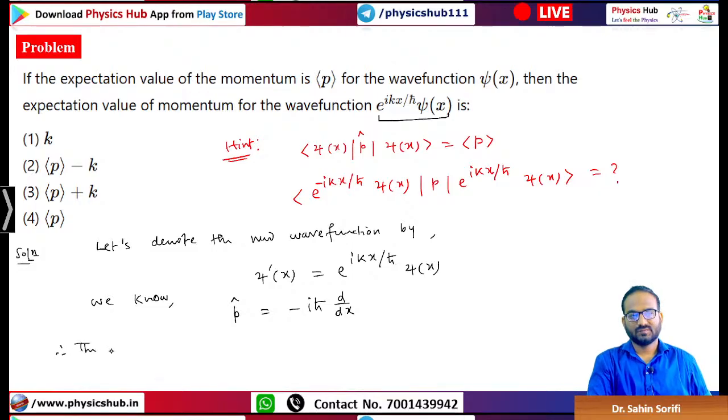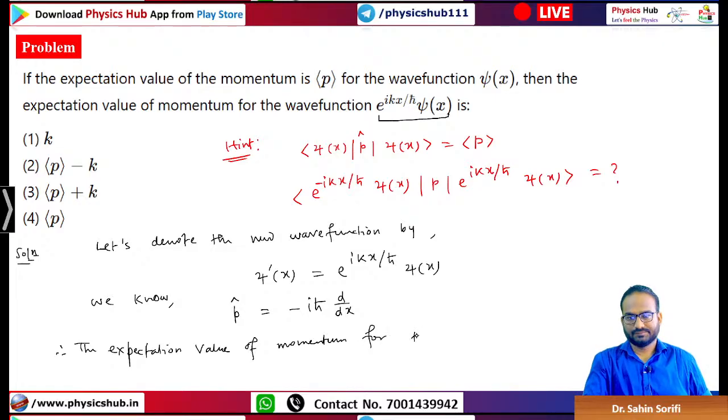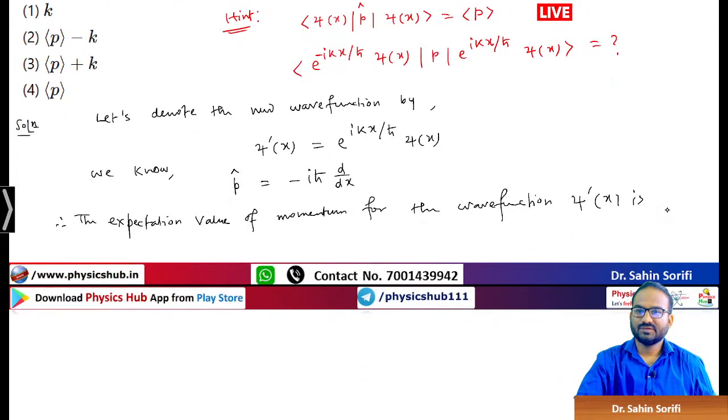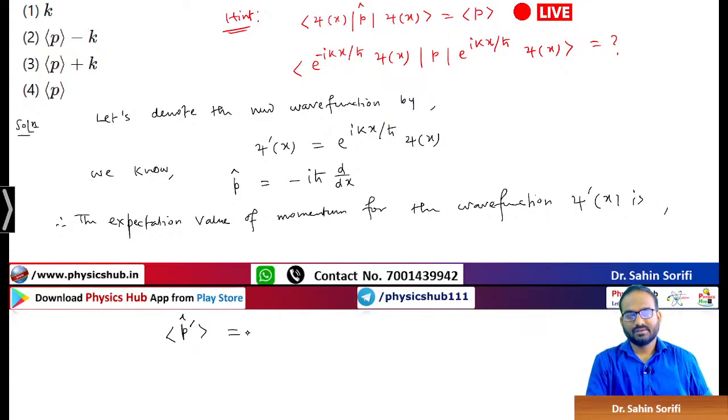Therefore, the expectation value of momentum for the wave function psi prime of x is, let's say, p prime, equal to ⟨psi prime of x|p|psi prime of x⟩. p prime is just to make it different from p.